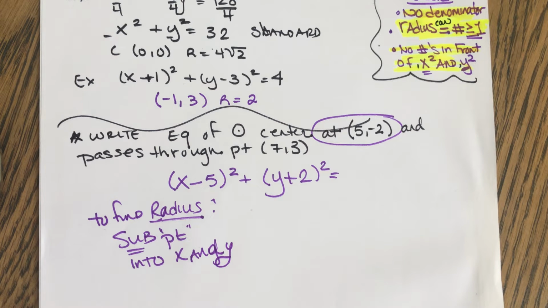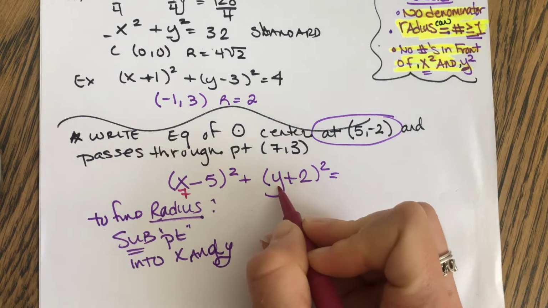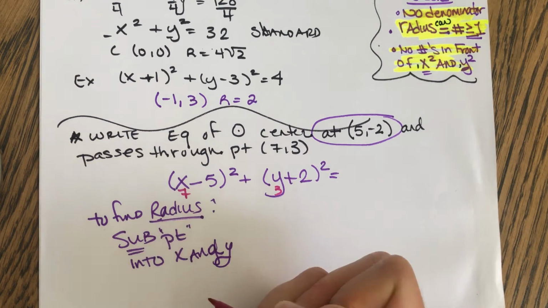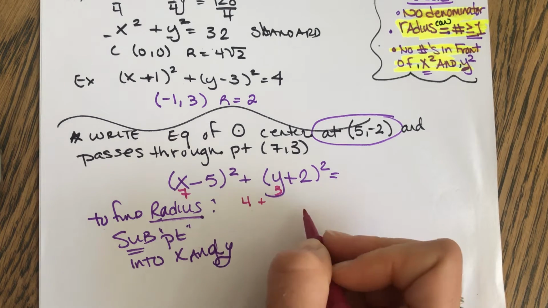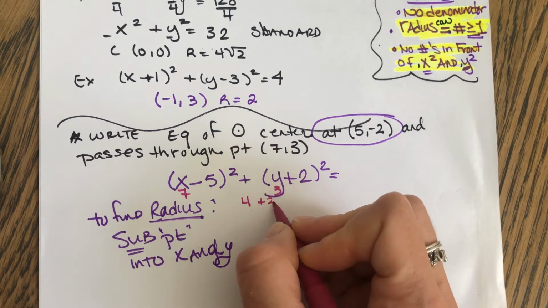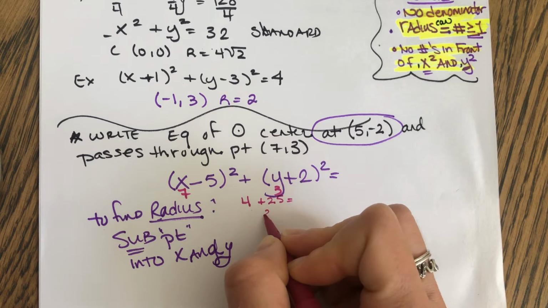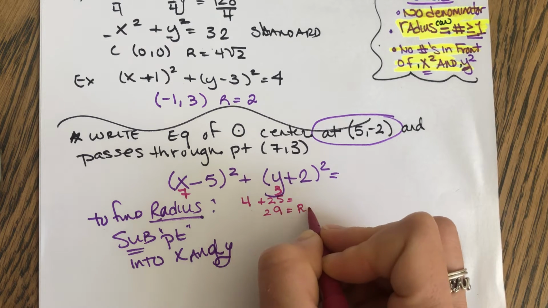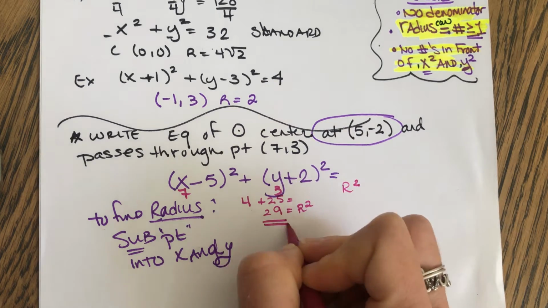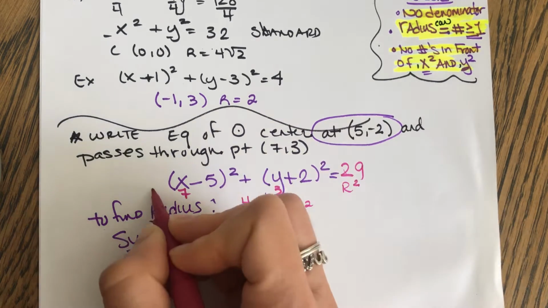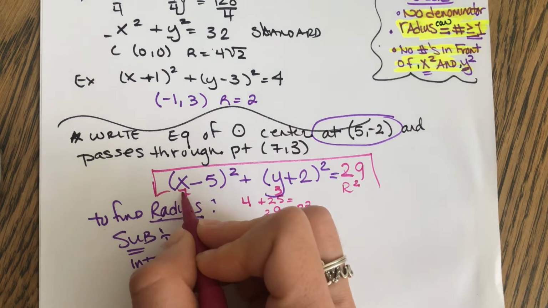Okay, so let's do so. The other point, which is 7, 3. So I'm going to put a 7. I'm going to put a 3. 7 minus 5, 2 squared, 4. Plus 3 plus 2, 5. 5 squared, 25. Now, remember, this is 29, which equals r squared, and the formula is in form of r squared. So you stop there and you put your number, and that is your equation.